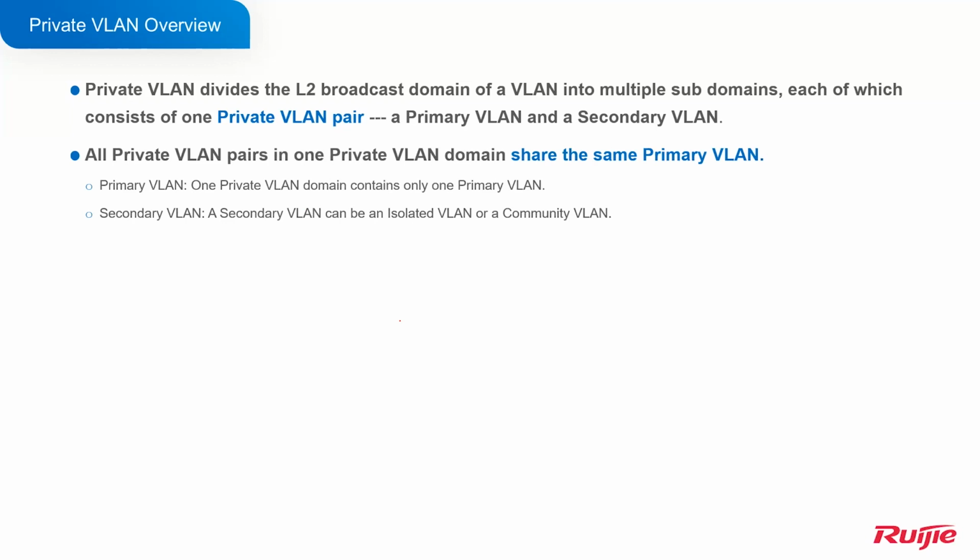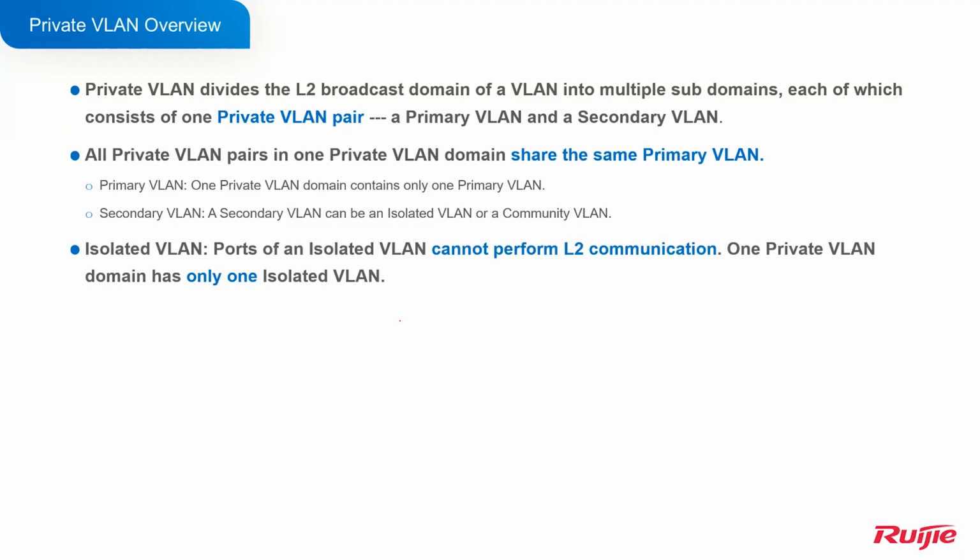All private VLAN pairs in one private VLAN domain share the same primary VLAN. What's a primary VLAN? What's a secondary VLAN? One private VLAN domain contains only one primary VLAN, while a secondary VLAN can be an isolated VLAN or a community VLAN. And inside one private VLAN pair, we could have more than one secondary VLAN.